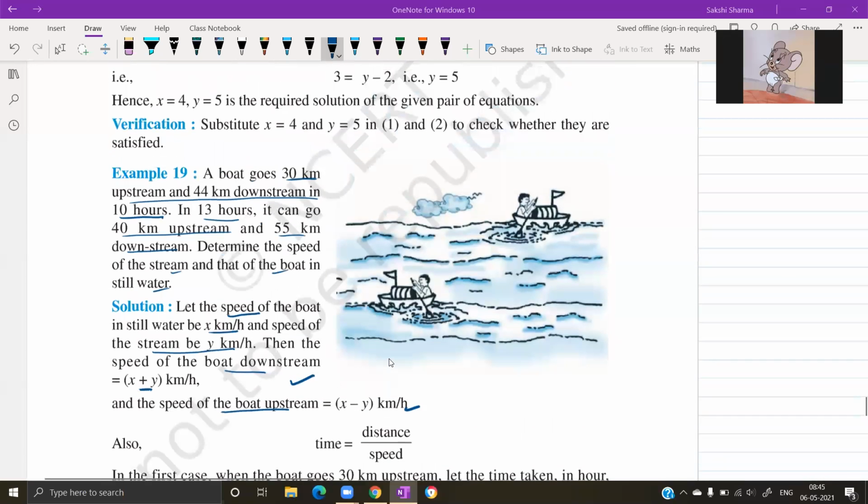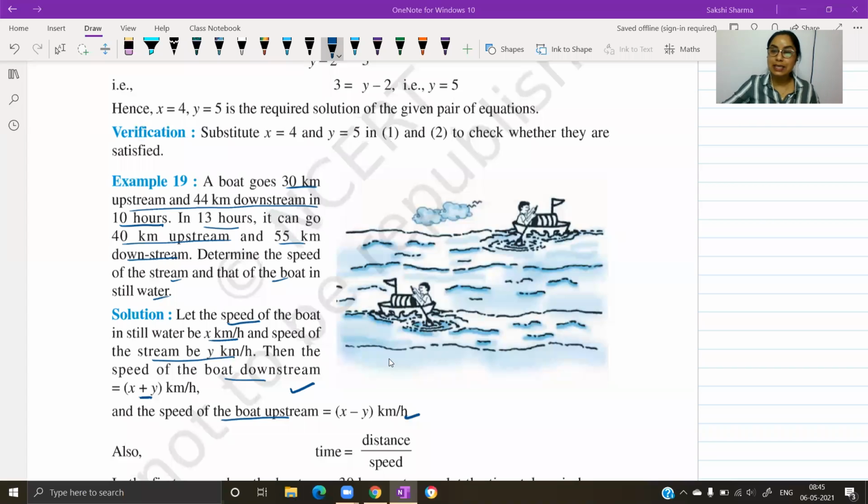Now, in order to formulate your equations in this case, in the first scenario, the distance traveled upstream is 30 kilometers, and the distance traveled downstream is 44 kilometers. The total time taken for both is 10 hours.